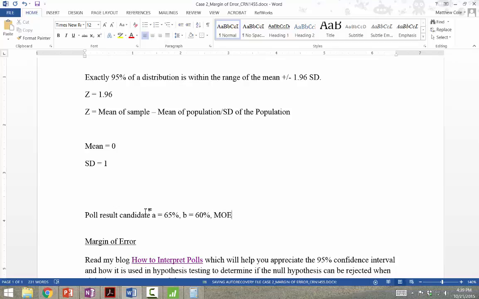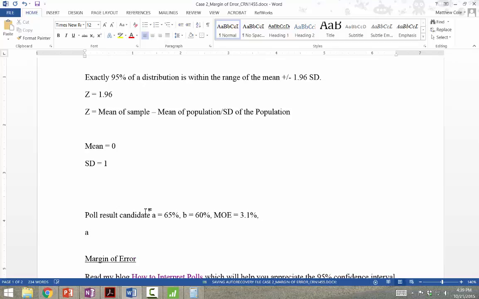If the margin of error was 3.1%, the correct way to present these results is that candidate A has a confidence interval that goes from 61.9 up to 68.1.